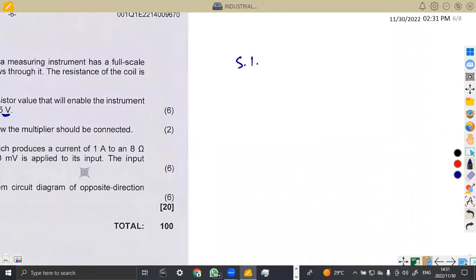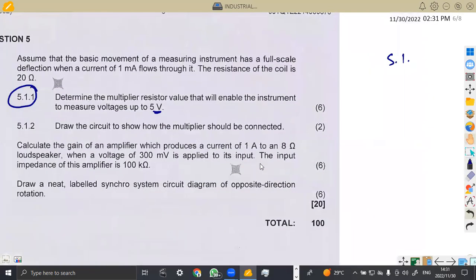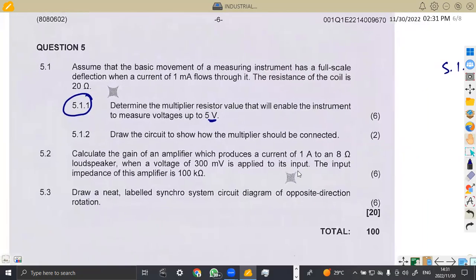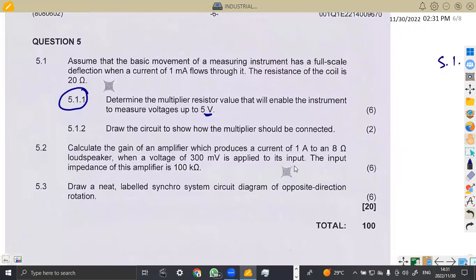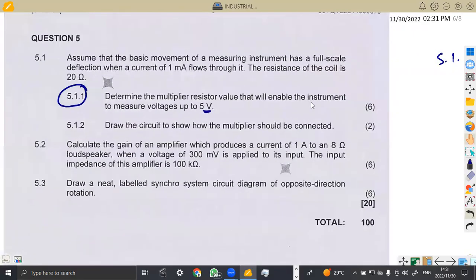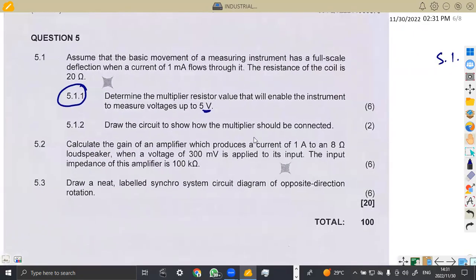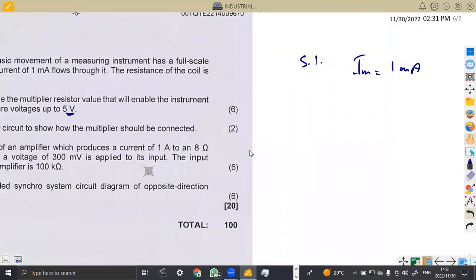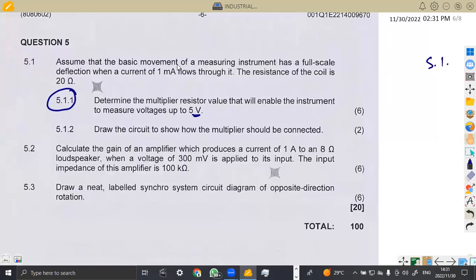So what are we given? We are given the current, that is our IM, which is 1 milliamp. What else are we given? We are given the resistance of the coil, which is 20 ohms. So this resistance, that's the RS. Remember, we are referring to the multiplier resistance.